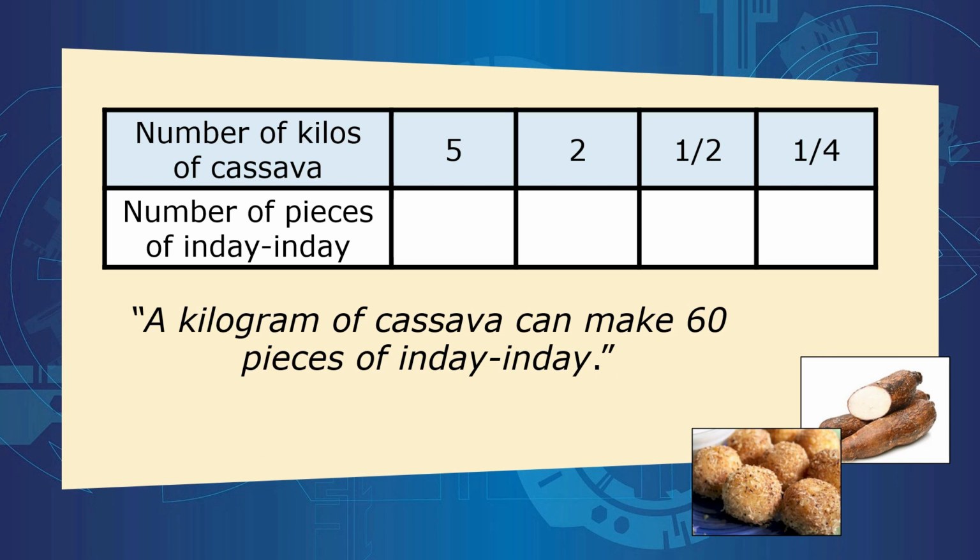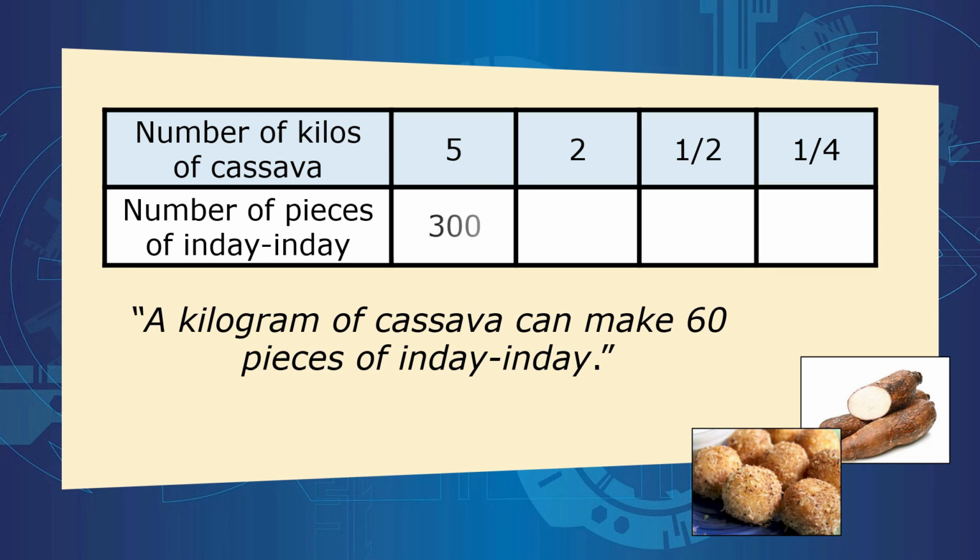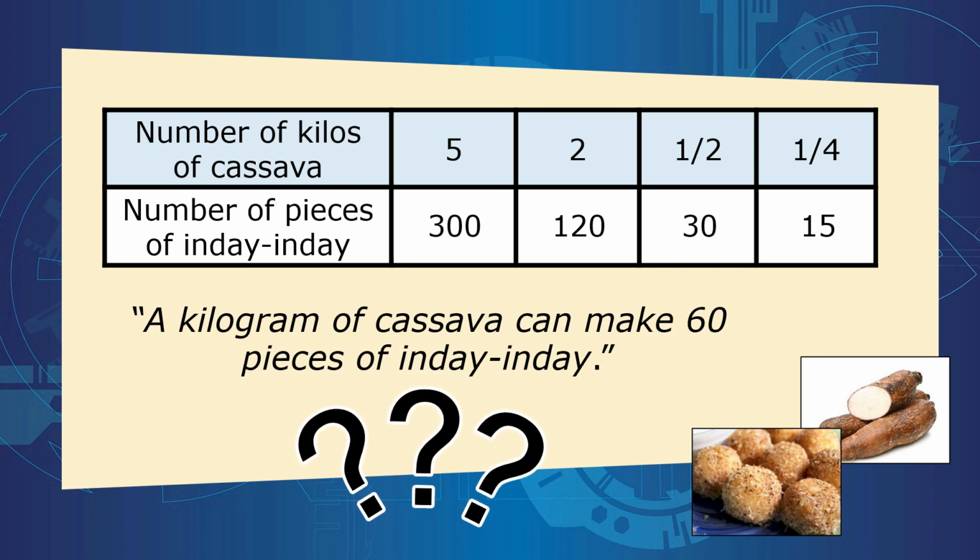Remember, the problem states that a kilogram of cassava can make 60 pieces of inday-inday. So, the number of pieces of inday-inday are 300, 120, 30, and 15, respectively. How do we get that?